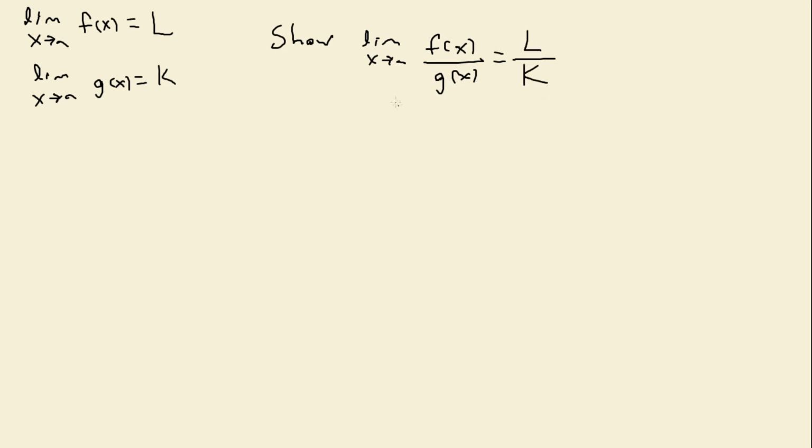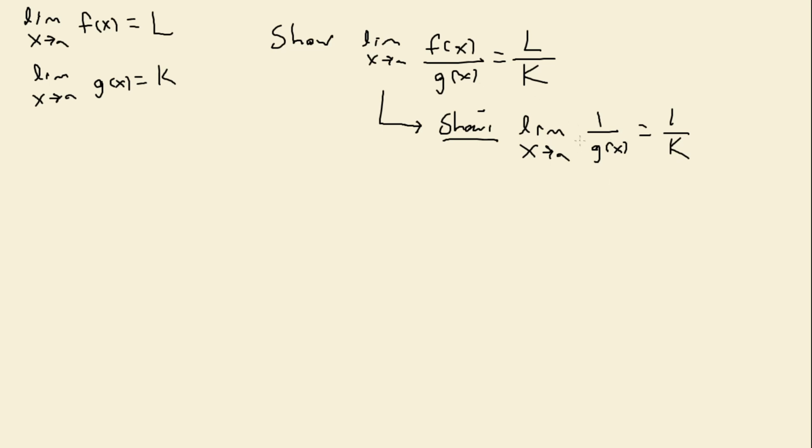And if you think about this, this is really just the process of showing that the limit as x approaches a of 1 over g of x is equal to 1 over k.